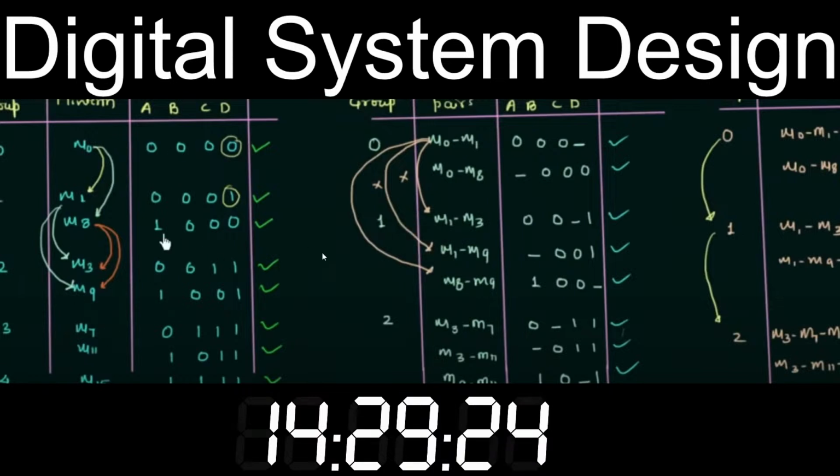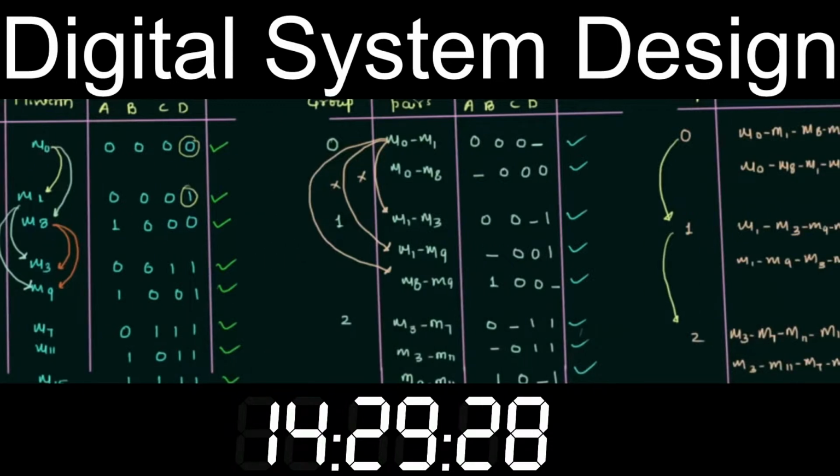Number 1 and all the min terms have tick in front of them, so they are also not prime implicants.